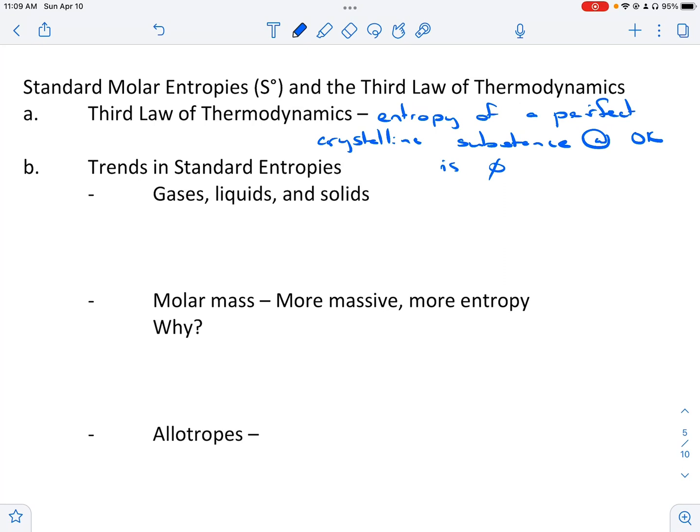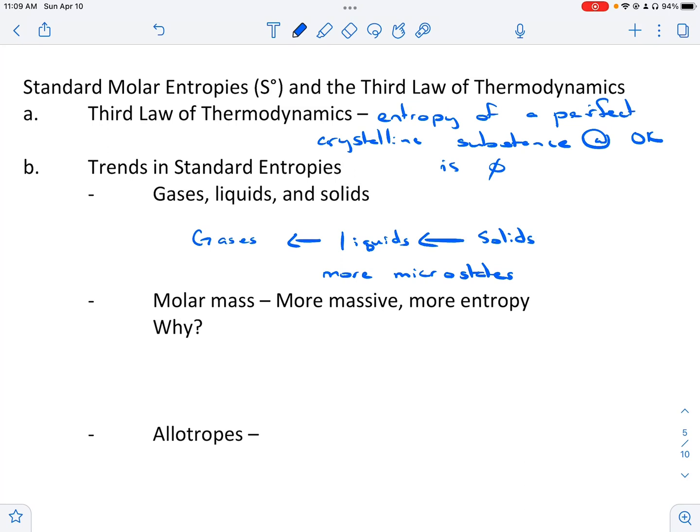All right. The next thing we need is our trends in standard entropy. As we talked about, gases tend to have higher entropy than liquids and solids. That makes sense because we just have more places for them to move, more microstates. Most of the time, more mass equals more entropy.